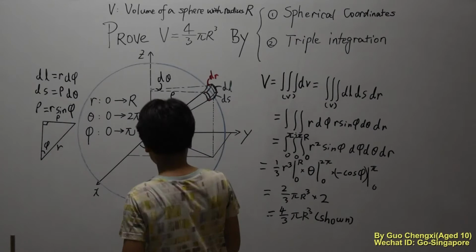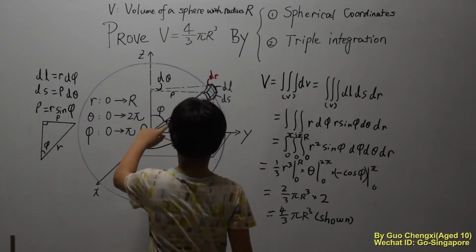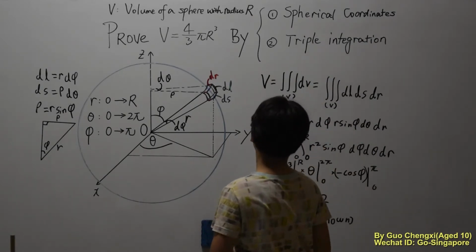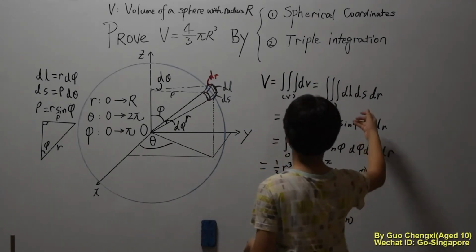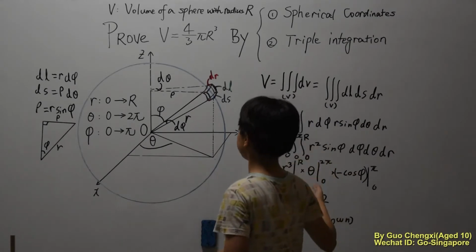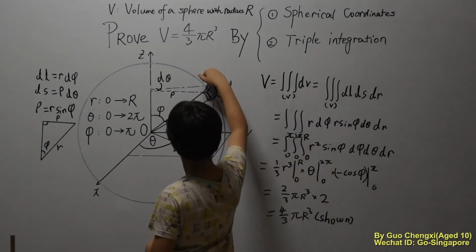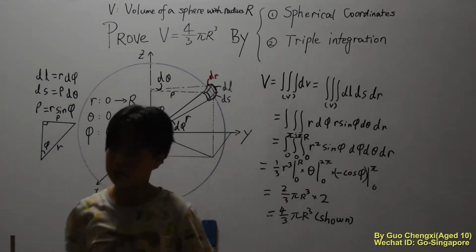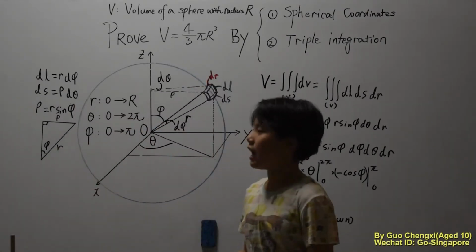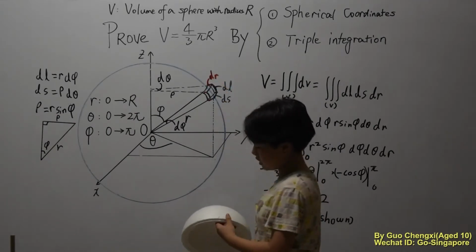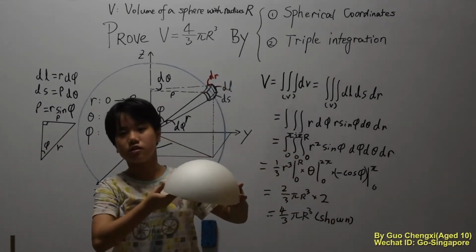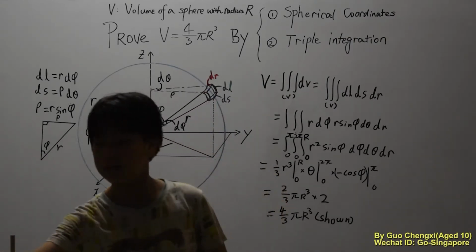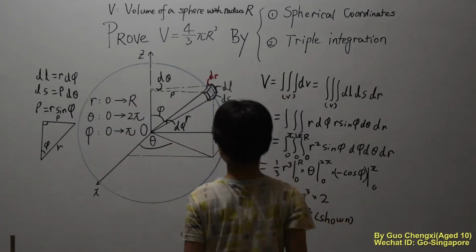So for this lesson, we have used the spherical coordinates and the triple integration. If you're ever wondering about dx, dy, dz, maybe that's for some other time. I forgot to tell you which part dr is. dr is basically this, the thickness over here, okay? ds and dl I told you already.